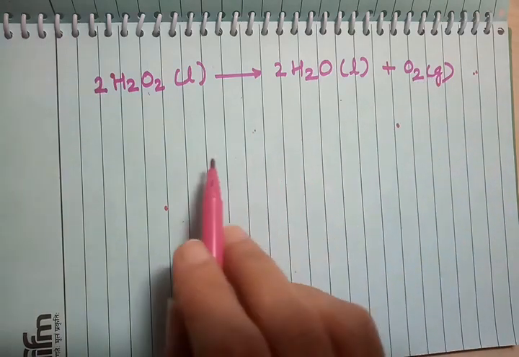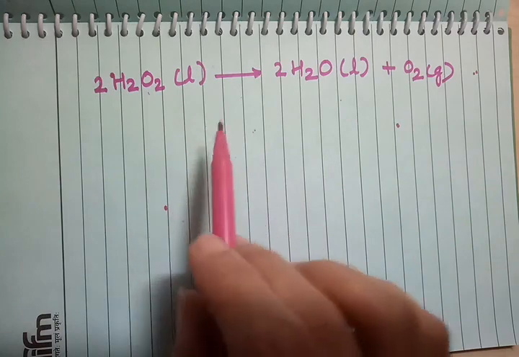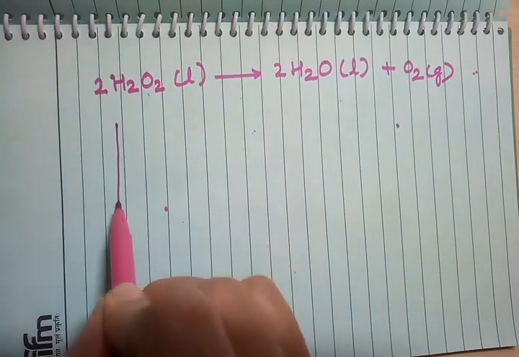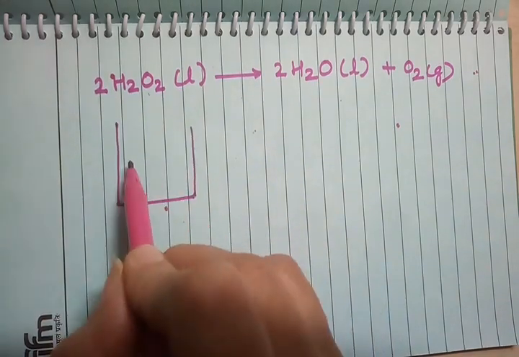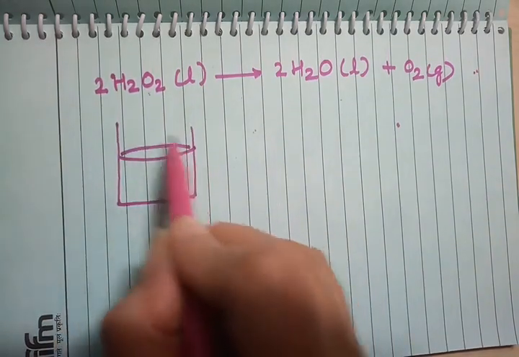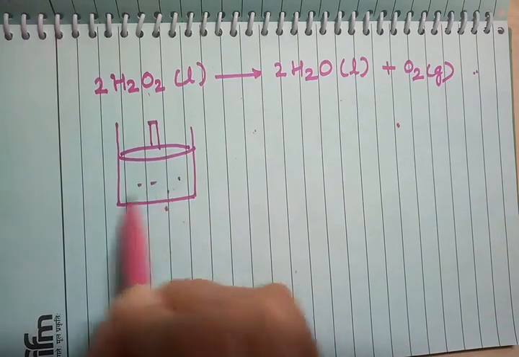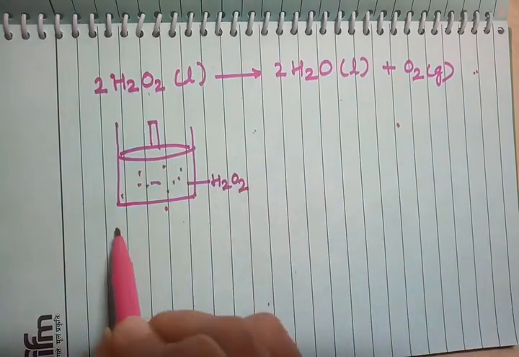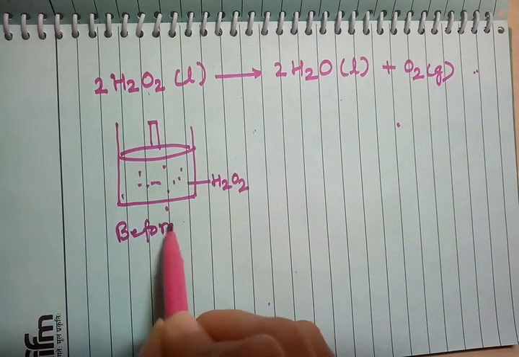Now this is the type of work where there is a decomposition of H2O2. Again, if you take a container in which you have kept H2O2, which is in liquid form, this is the situation before the reaction.